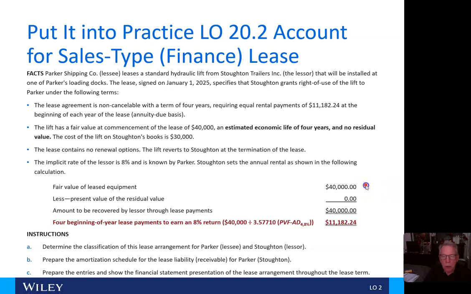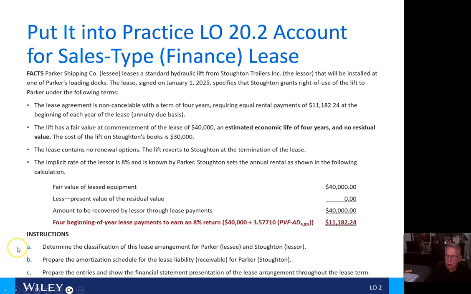Here's the fair value of the leased equipment, less the present value of the residual value, which is nothing, and then the amount to be recovered by the lessor through lease payments is $40,000. Now, we're going to use a present value factor here and convert that $40,000 at an 8% return to $11,182.24.